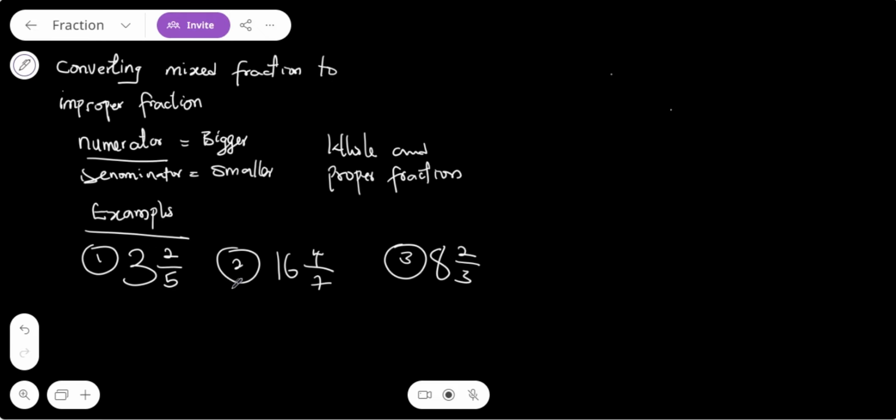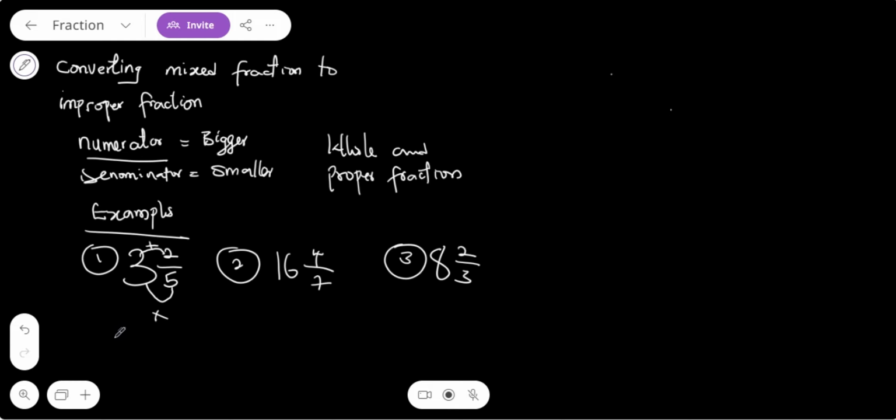It's a very simple thing. You multiply the denominator by the whole number, and then your result, you add it to the numerator. What do I mean?